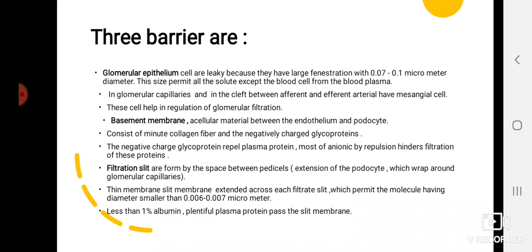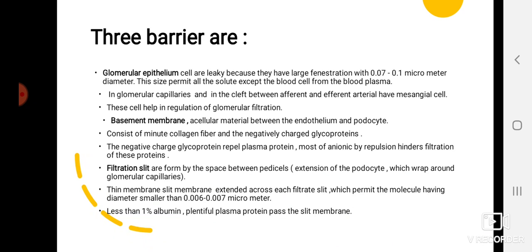The basement membrane is acellular and is found between the glomerular epithelium and the podocytes, between these two cell layers. The basement membrane consists of collagen fibers and negatively charged glycoproteins.